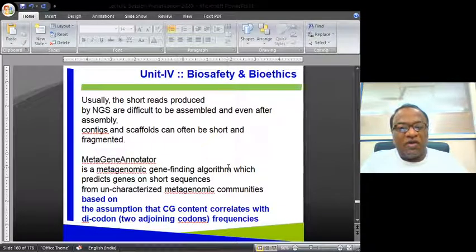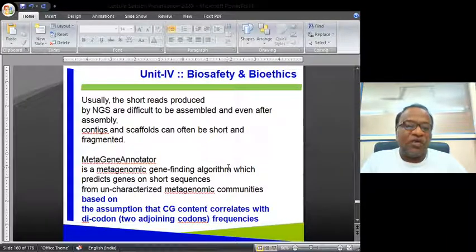So the short reads produced by the sequencing methods, that is NGS, could be second or third generation sequencing methods, they are difficult to be assembled, and even if you try to assemble, the contigs and scaffolds can often be short and fragmented.